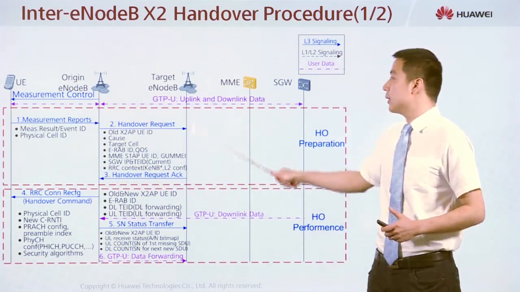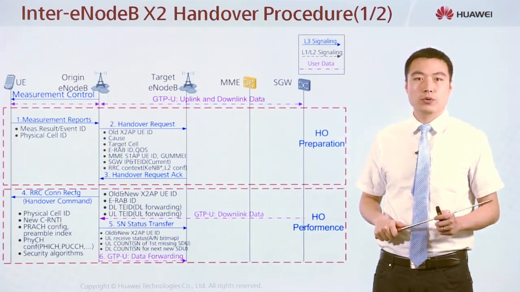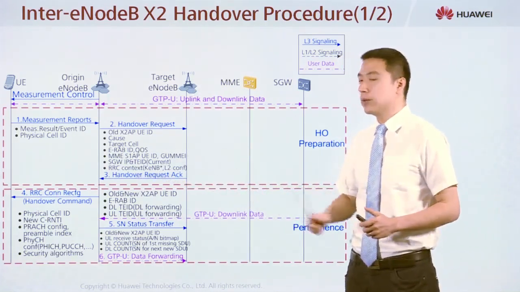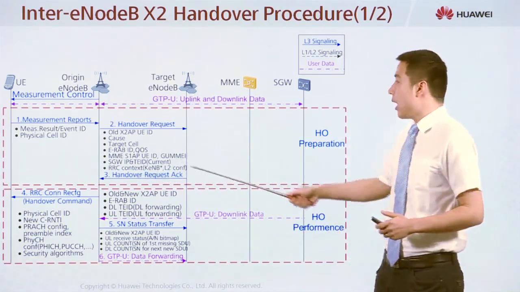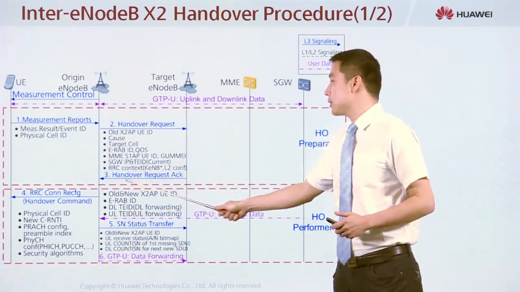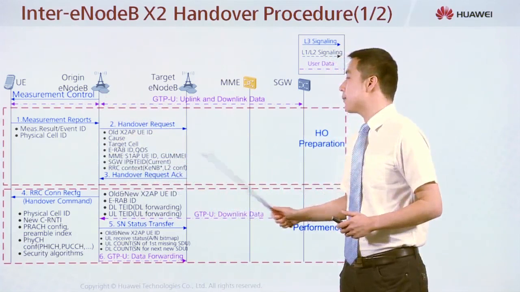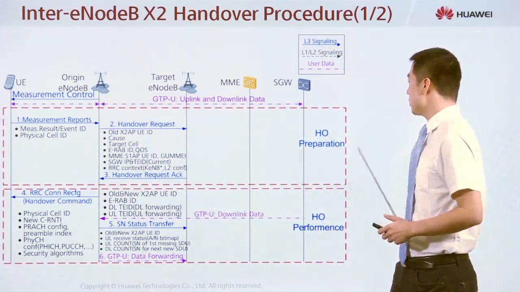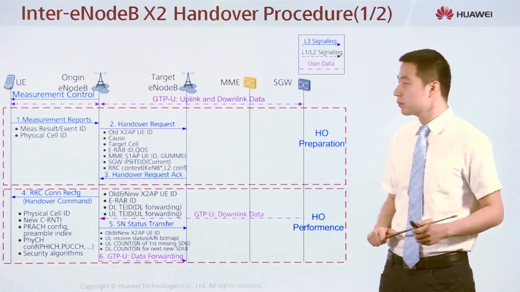If the target eNodeB doesn't have enough resource to accept this new user, the handover request will be rejected. After the source eNodeB receives the handover request ACK message, it means the handover preparation procedure is finished successfully.